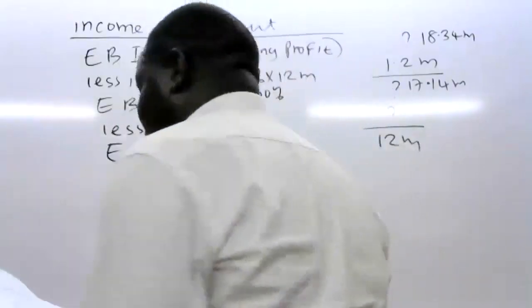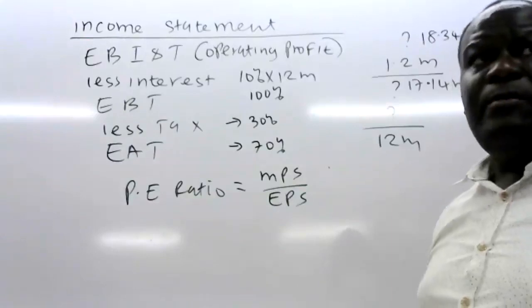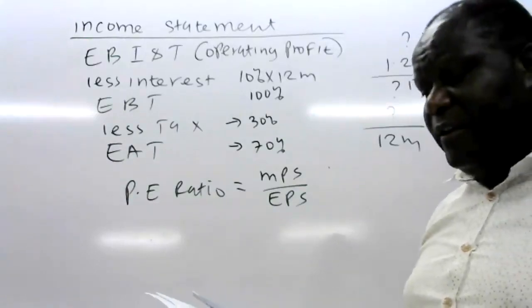So first, we want to get the earnings per share, because market price per share is given.